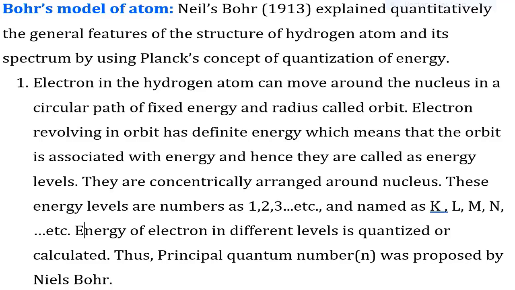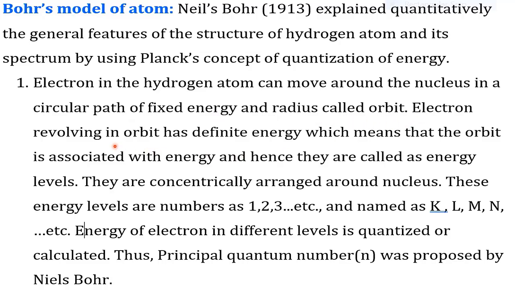Bohr's model of the atom. Niels Bohr in 1913 explained quantitatively the general features of the structure of the hydrogen atom and its spectrum by using Planck's concept of quantization of energy. The electron in the hydrogen atom can move around the nucleus in a circular path of fixed energy and radius called an orbit.